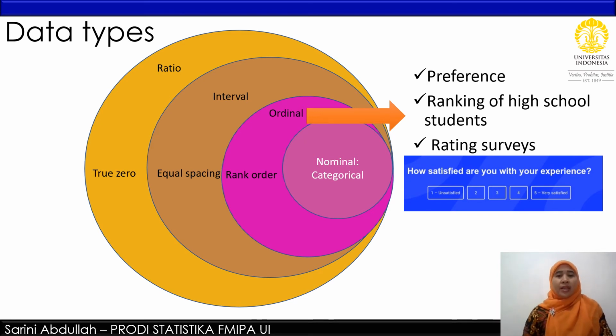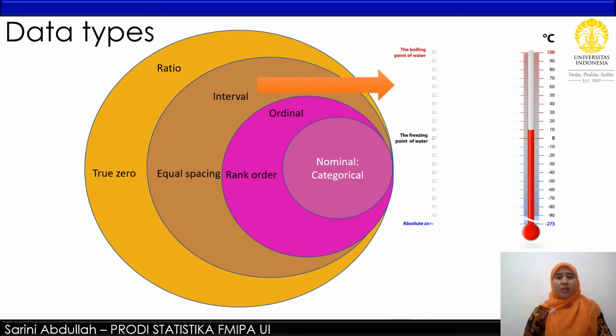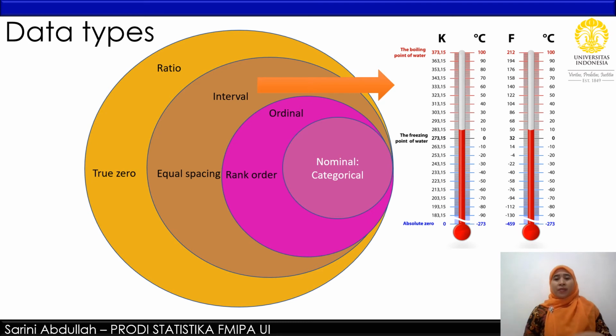Now let's look at an example of interval data. A very famous example is temperature measured in Celsius and in Fahrenheit.